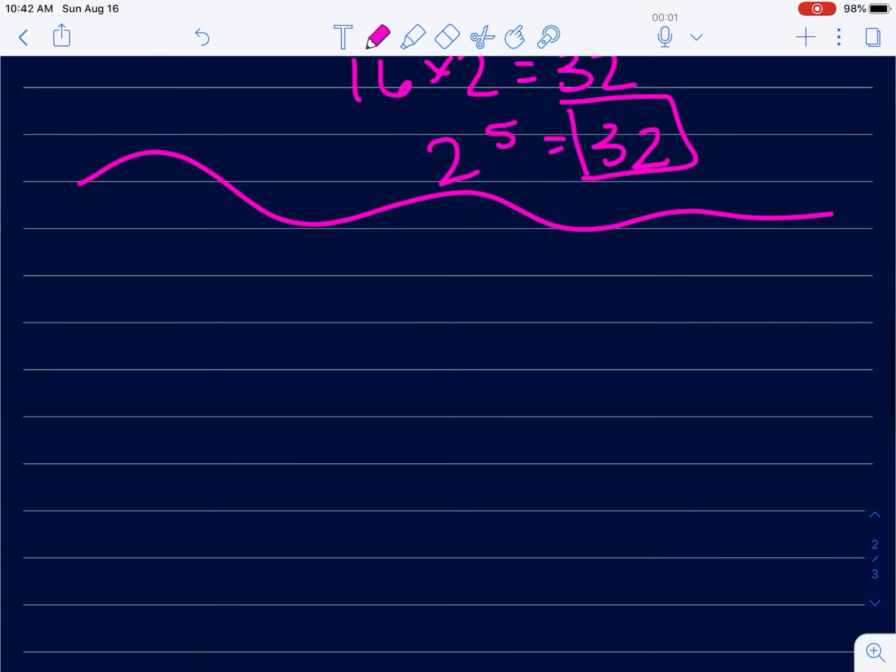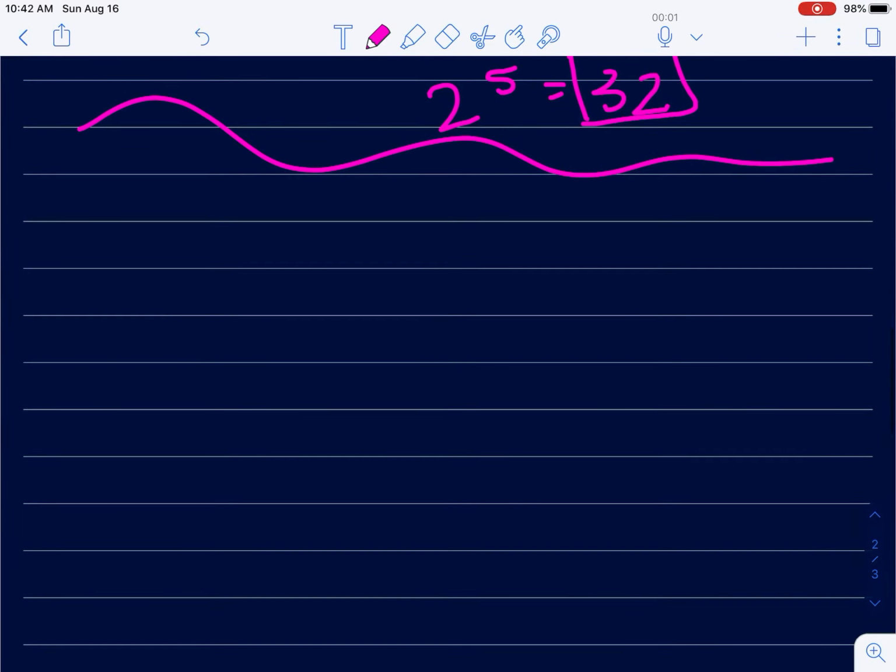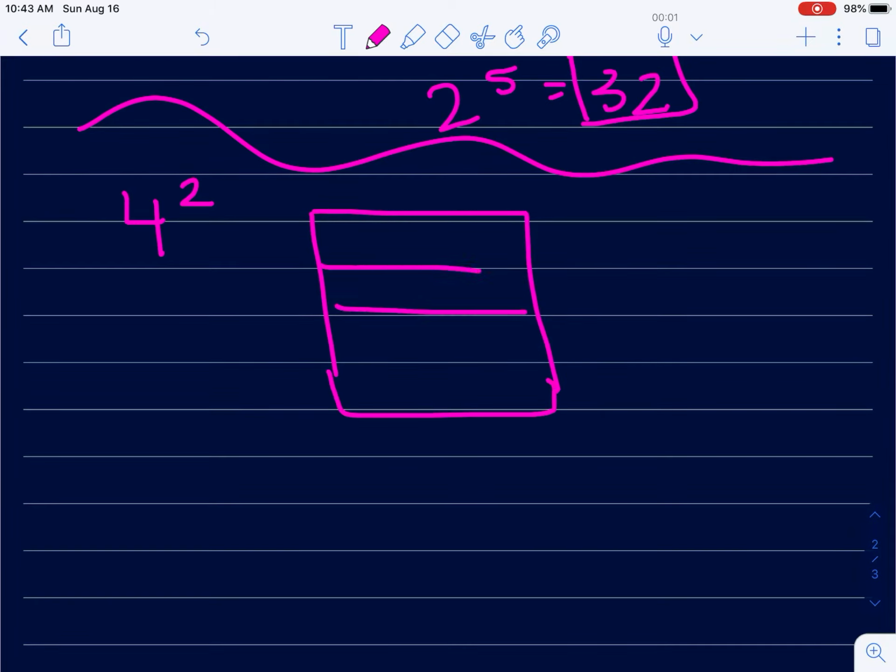Now I want to explain two important terms. Let's say we have 4 squared. That is really 4 to the 2nd power. And it's 4 by 4, actually in a square. Let me show you. 1, 2, 3, 4 this way, by 1, 2, 3, 4 this way.